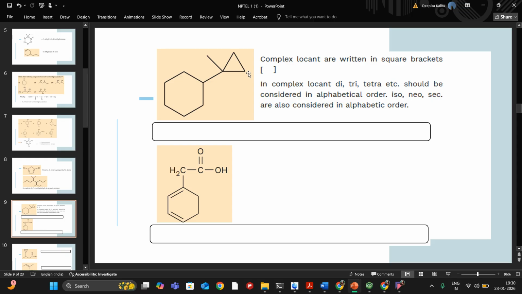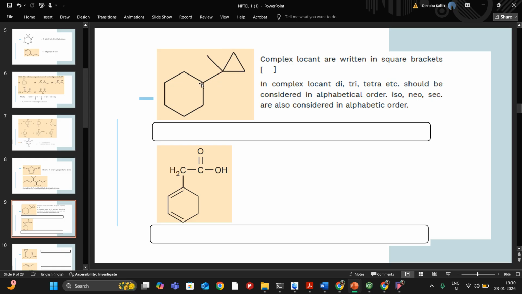So while naming this particular molecule, we will locate this substituent, the cyclopropyl substituent, at the first carbon.